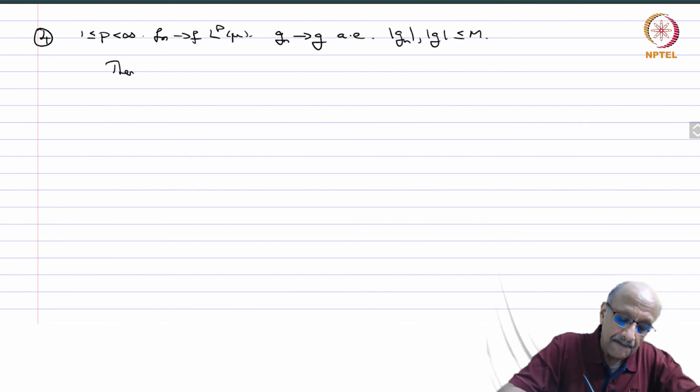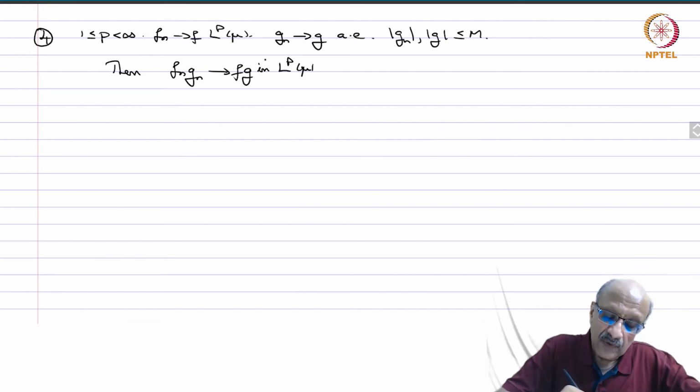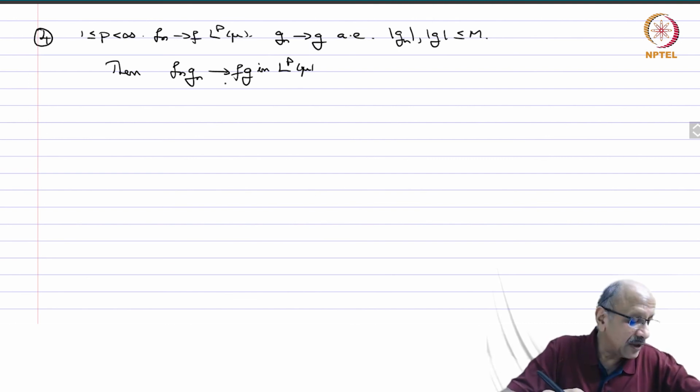Then Fn Gn goes to fg in LP. Again, these kinds of theorems are very useful because we want to know the convergence of integrals. That is the key thing in all this.